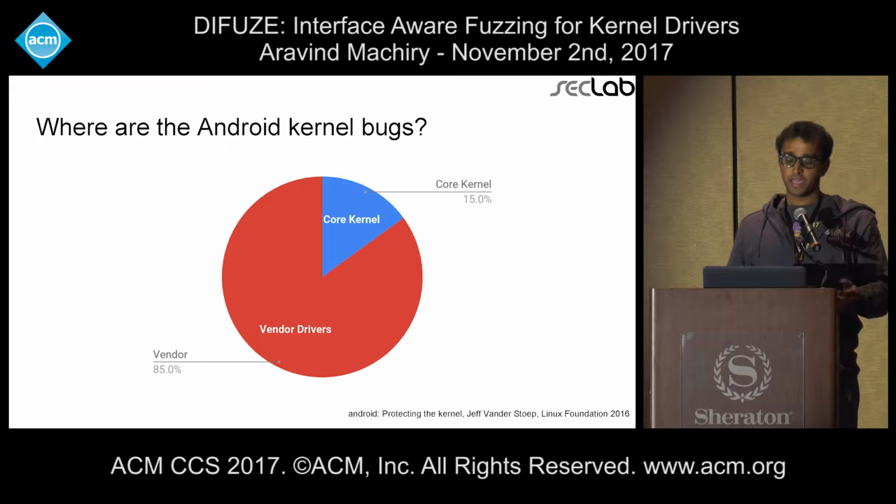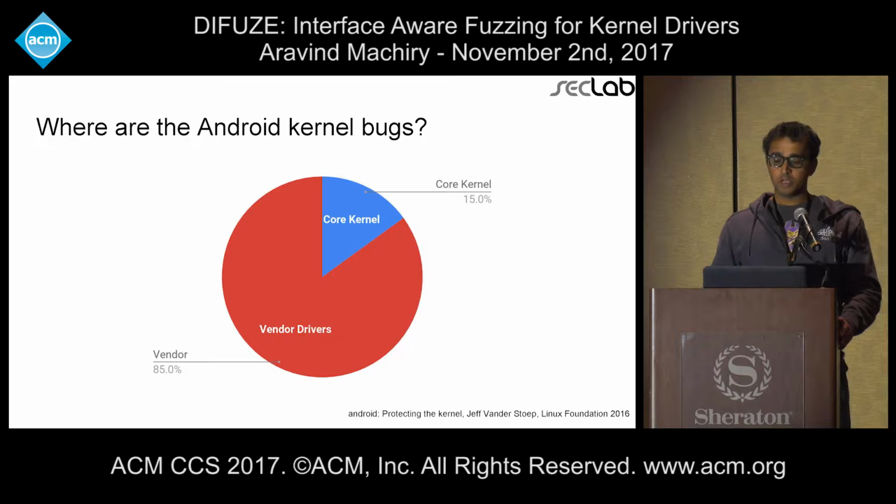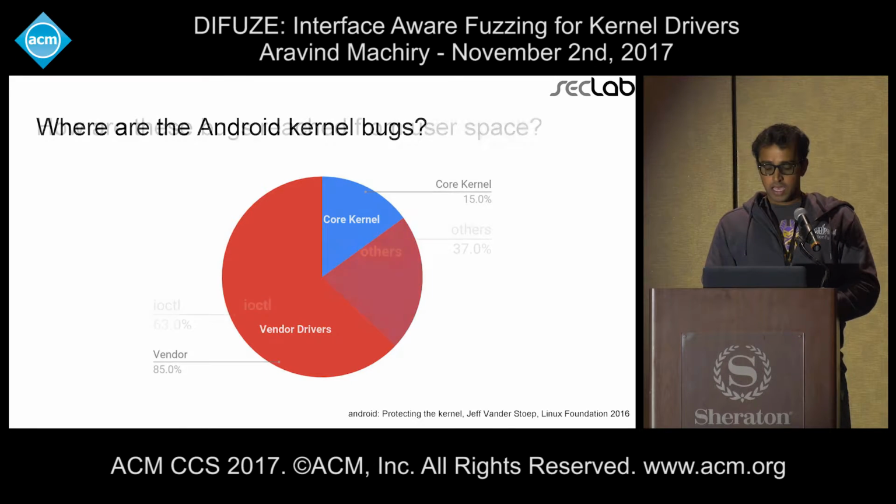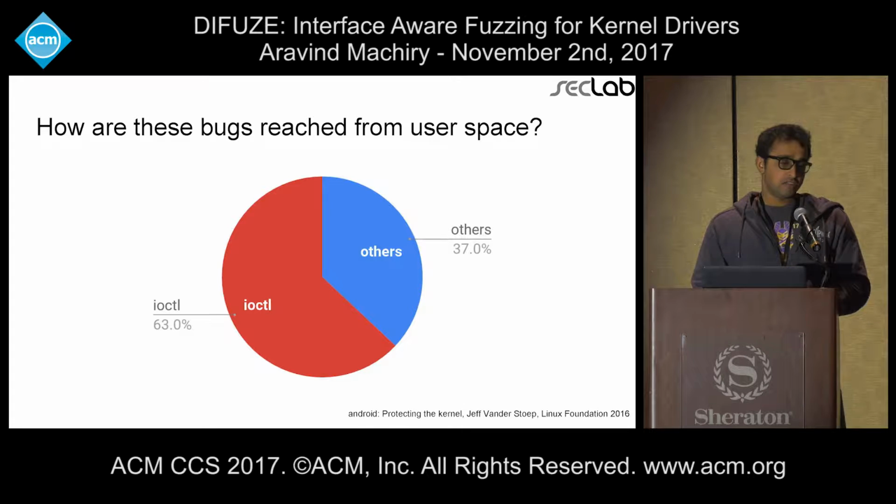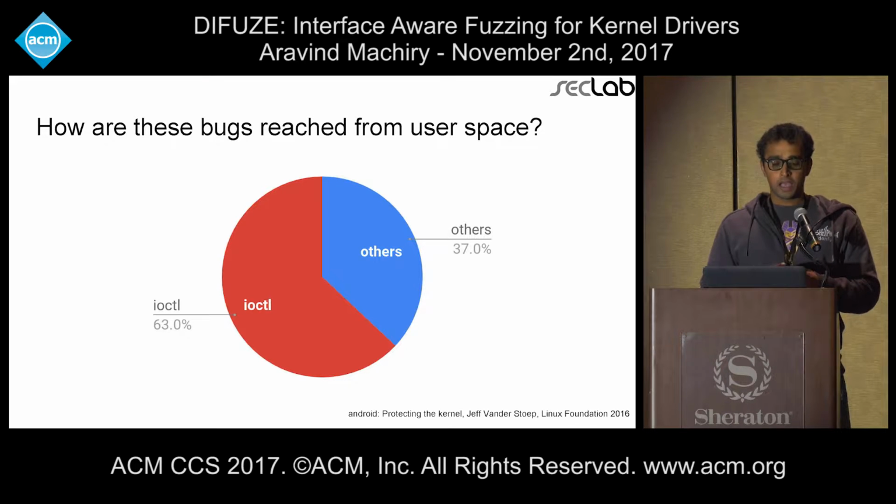This was shown by Jeff Vander Stoep from the Google team last year at the Linux Foundation Summit. Where are these bugs in the drivers? Looks like the buggy components of the drivers are actually ioctls. I'll show later why these ioctls are complex and why they could be buggy.